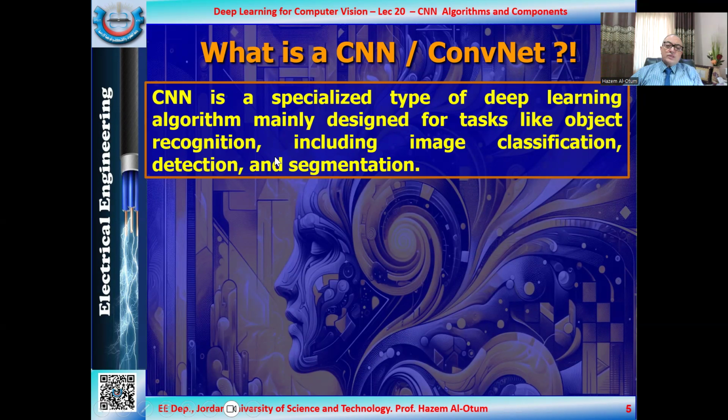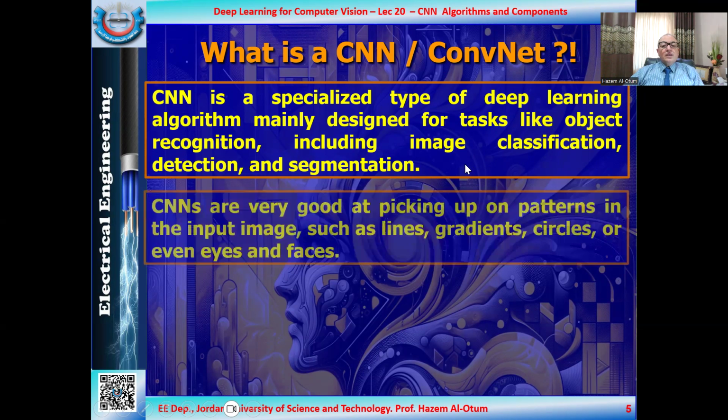So convolutional neural networks are designed mainly for image processing applications, to deal with images with goals or objectives to have at the output object detection, localization, segmentation, classification. All these tasks can be achieved using CNN networks.